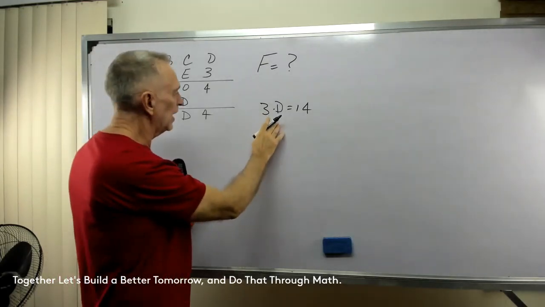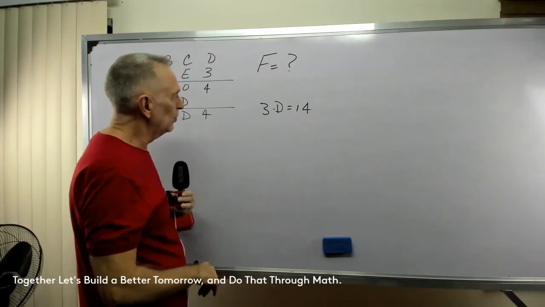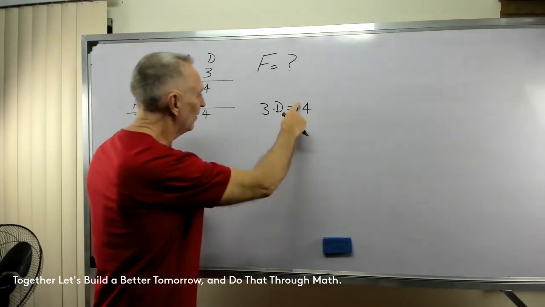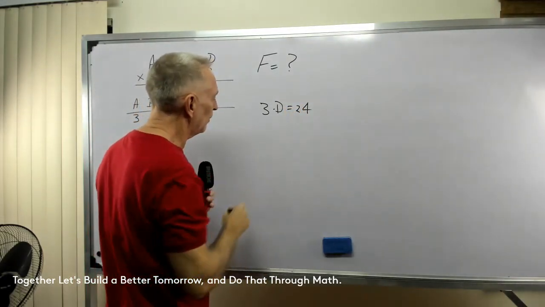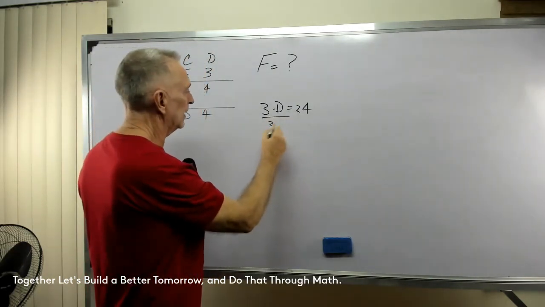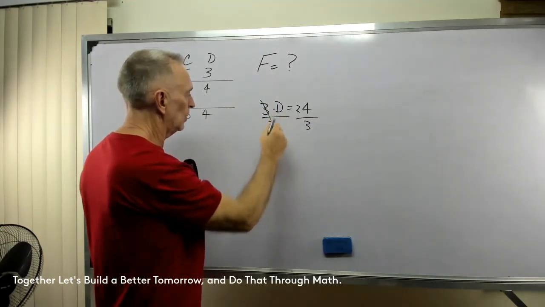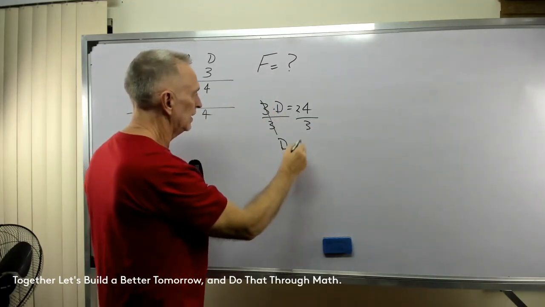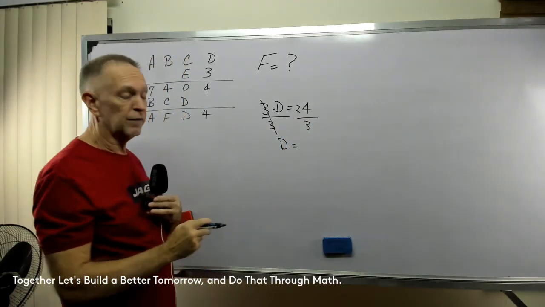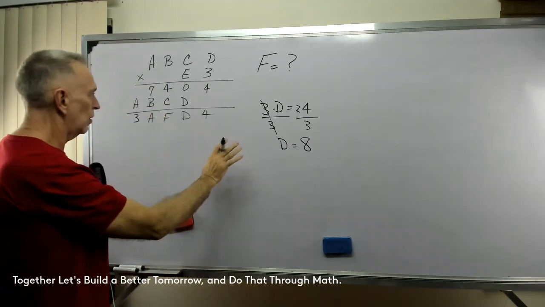What number times 3 gives me 14? It will not, okay? What if I said that's 24? Now if I divide both sides by 3, 3 divided by 3 is 1, 1 times D is D, D equals 24 divided by 3 equals 8. Okay, let's hold that thought.